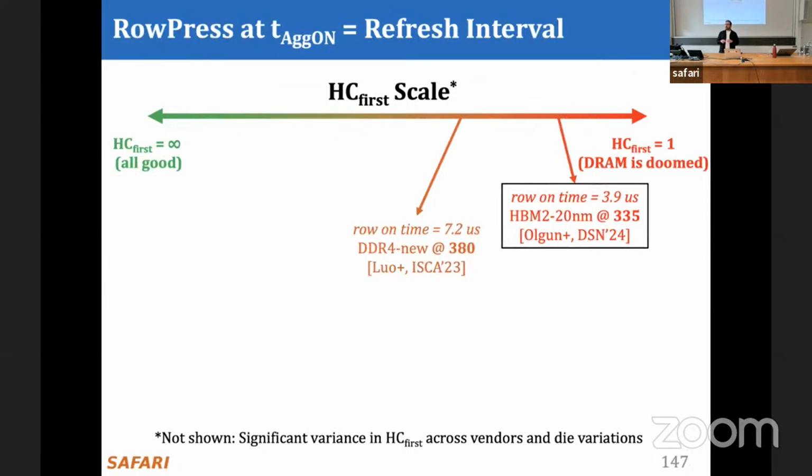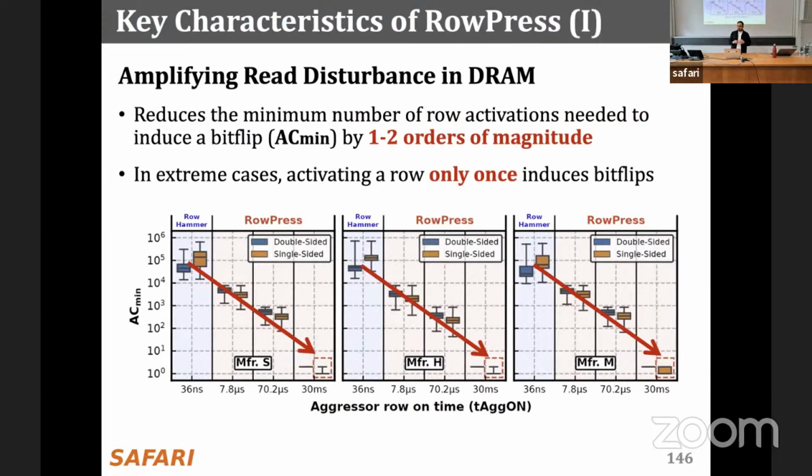I'm not sure if it's the correct place to get into that discussion, actually, but I can briefly mention that. There are some works in the past that show that not all rows need to be refreshed every 64 milliseconds. Some rows can retain their data for more than 2 seconds, for example. You don't have to refresh those rows. Prior work already shows that you can get significant performance benefits if you leverage this heterogeneity in your system.